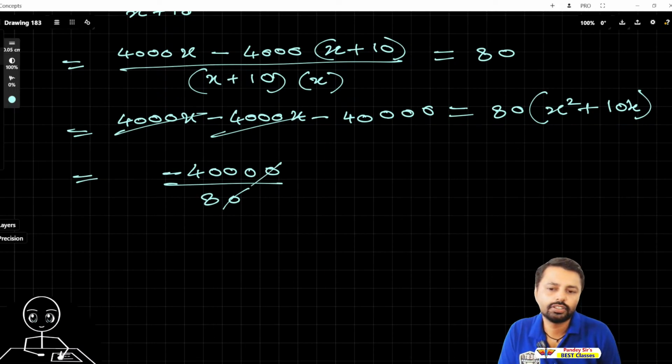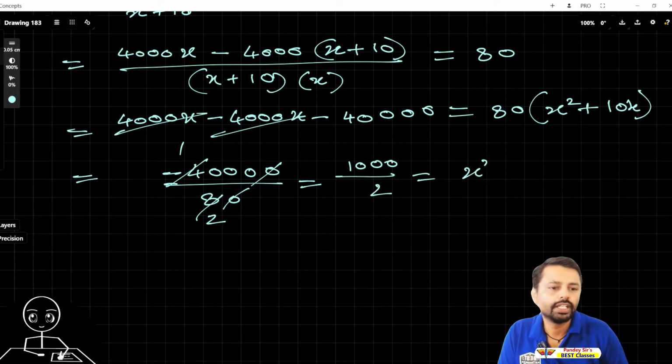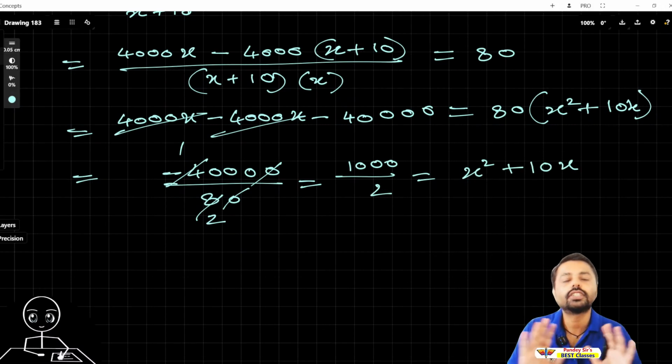And then 4 1s are 4, 4 2s are 8. Okay, we are getting 1000 by 2 equal to x square plus 10x. Okay, now it is solved.